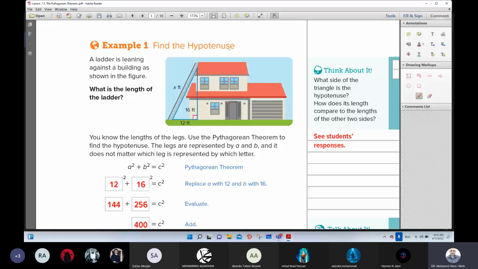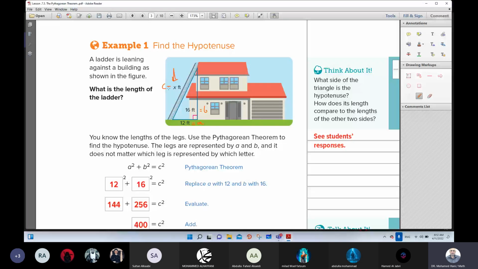You know the side, this is B, and the hypotenuse is the missing value. This is C.